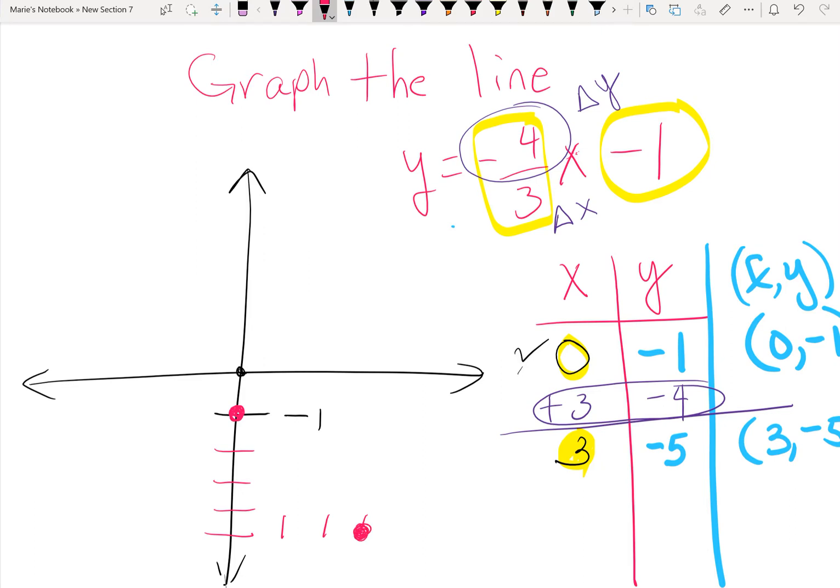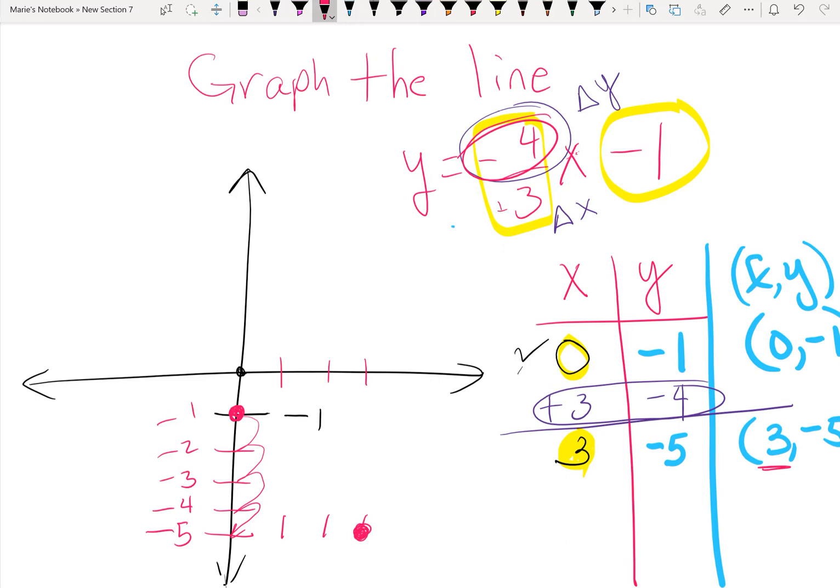Notice if I go 1, 2, 3, I'm at x is 3, and y is negative 5, because this is negative 5, negative 4, negative 3, negative 2, negative 1, respectively. To see how that's a negative 4, I'm counting down 1, 2, 3, and 4. That's using the counting method.